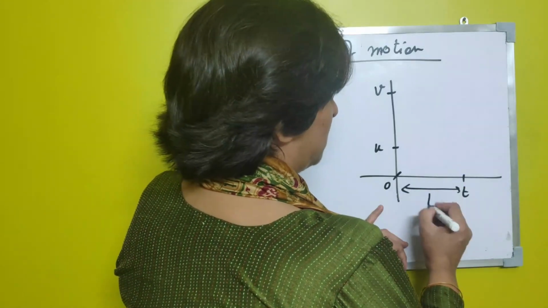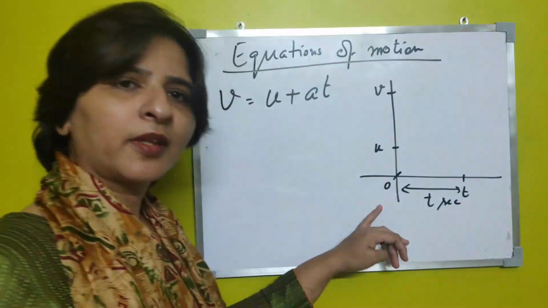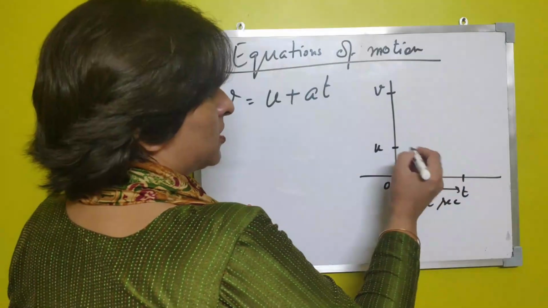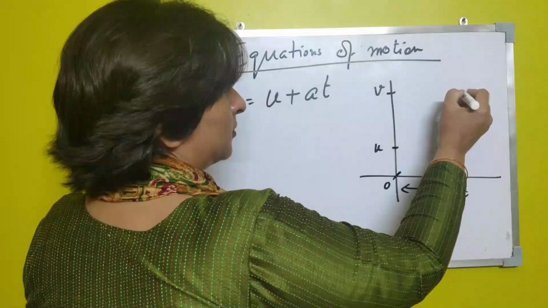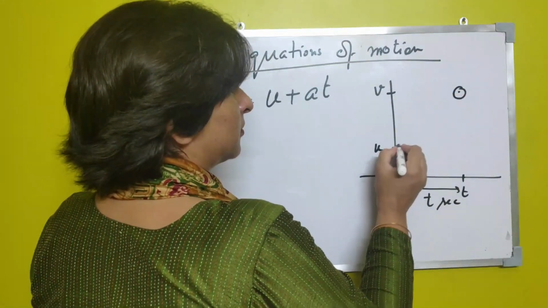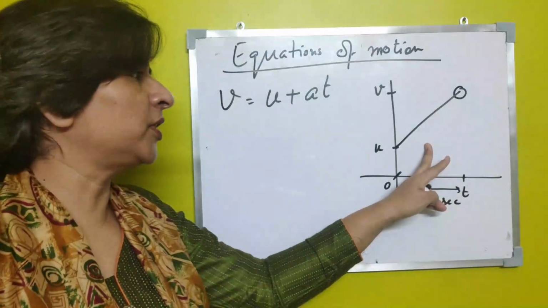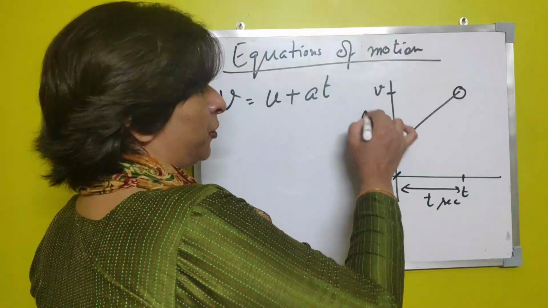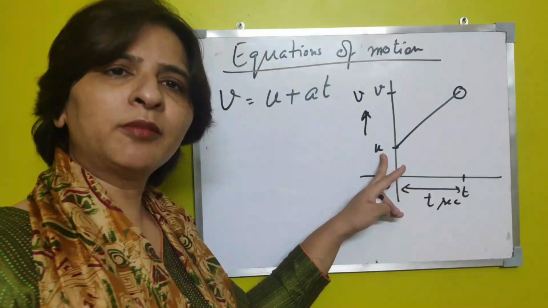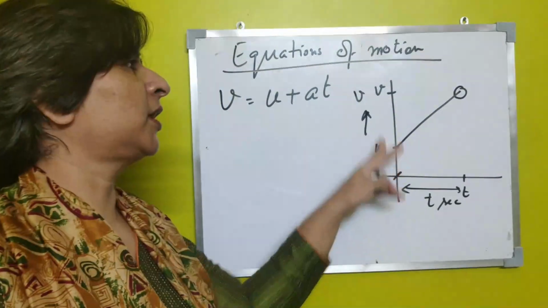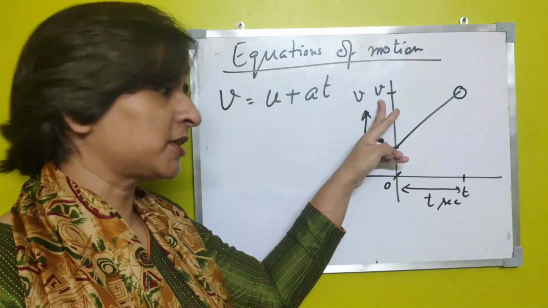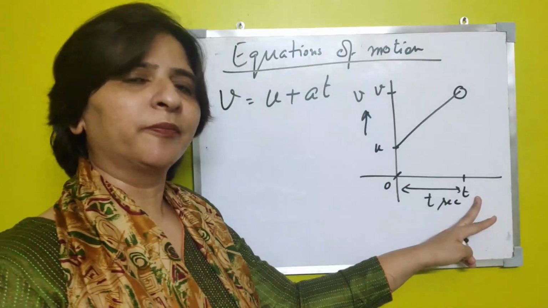This is t second. So graph for such a case can be plotted like this. This is a Vt graph for the motion of an object which is already moving with a velocity of u meter per second, gaining a velocity of v meter per second in time t.